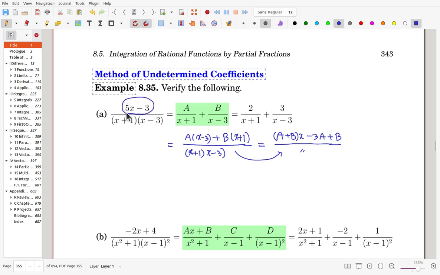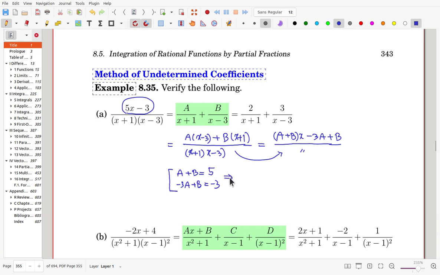Right? That means that if you compare the coefficients, then a plus b must be 5. Let's write right here: a plus b is 5. And then minus 3a plus b must be minus 3. So we have to solve this linear system to decide a and b.